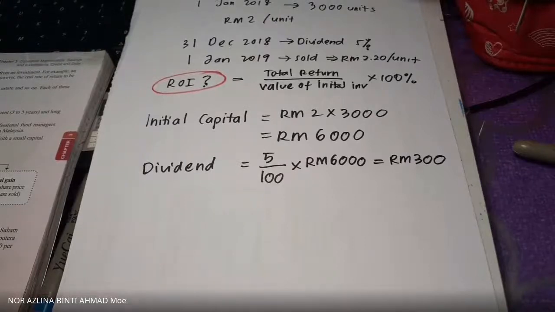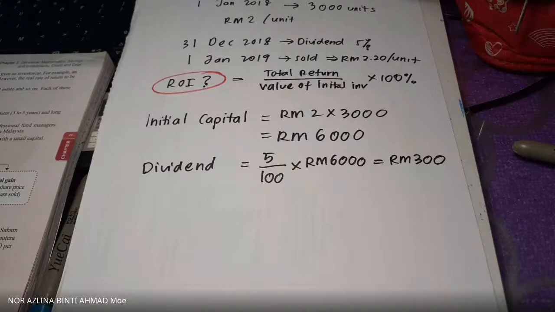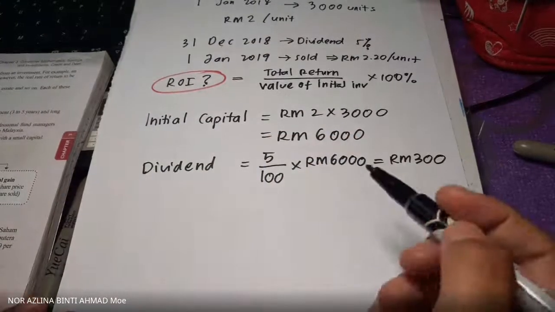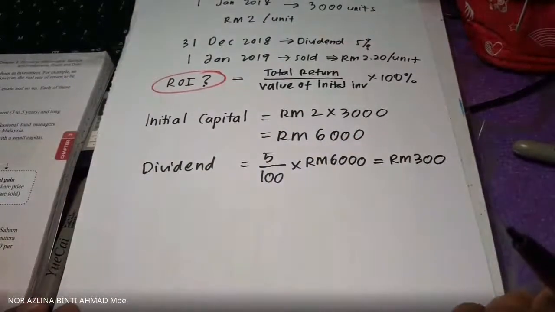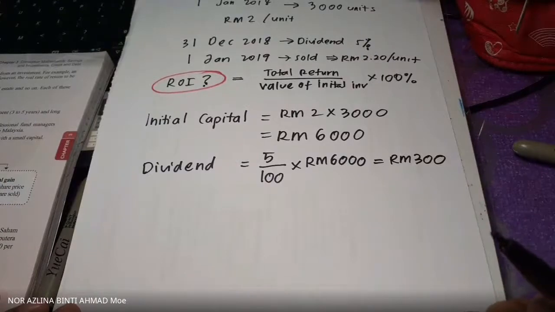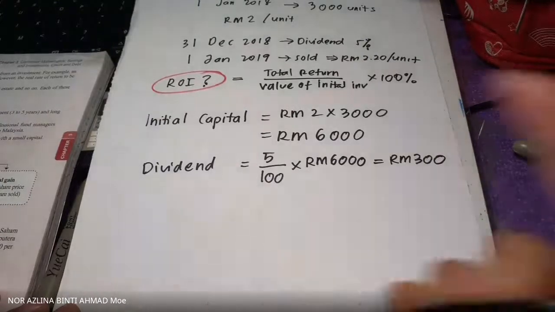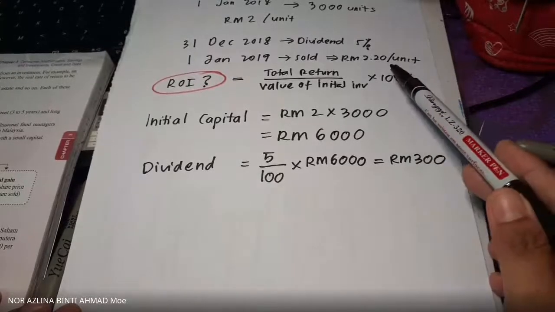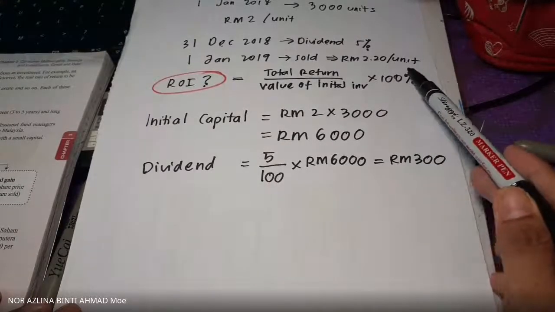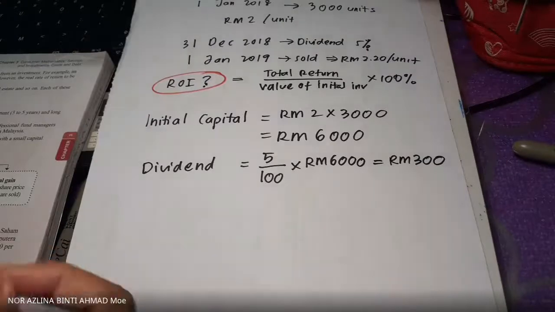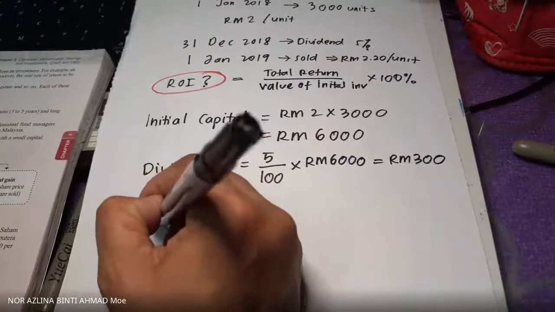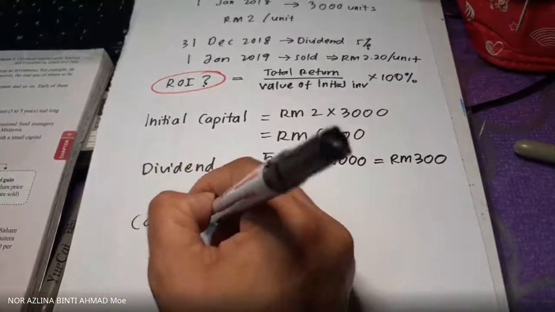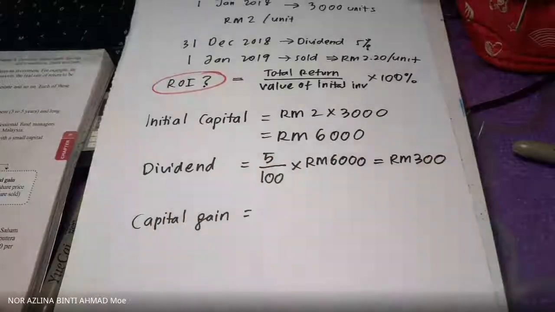Okay. Next. Pada tahun 2019, 1 January 2019, dia jual dia punya share dengan harga RM2.20 untuk satu unit. So dia sold balik. Ini kita panggil capital gain. Pengulangan duit modal tadi.